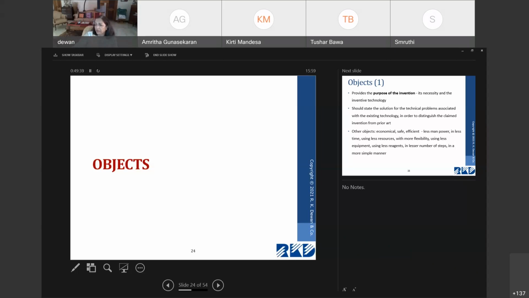But in EP prosecution, yes, once the patent gets granted, the European examiner asks you to amend the specification as per the granted claims and also include the prior art and how it is differentiated in the specification. Okay, so now let's go on to the next part of the specification, which is objects.